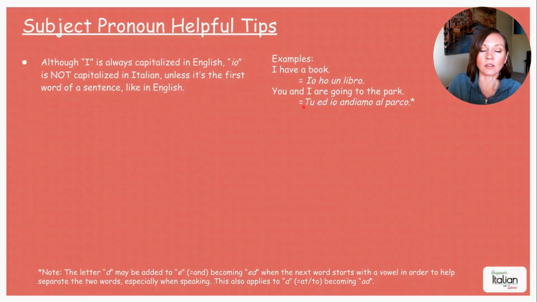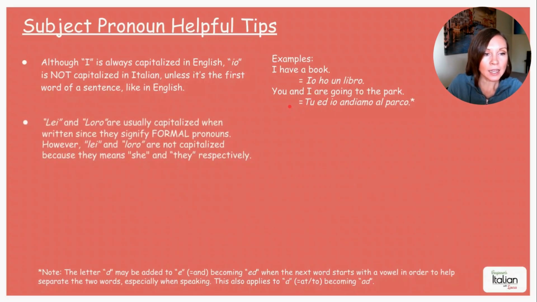So the reason that they do it is because if you don't put the D in here, you'd say tu e io andiamo al parco, and it just becomes a little bit of a mouthful. So it's not required that you add the D, but it is very helpful, and I think it's very useful, especially when you're speaking. But it still means the same thing. It still means and. Okay.